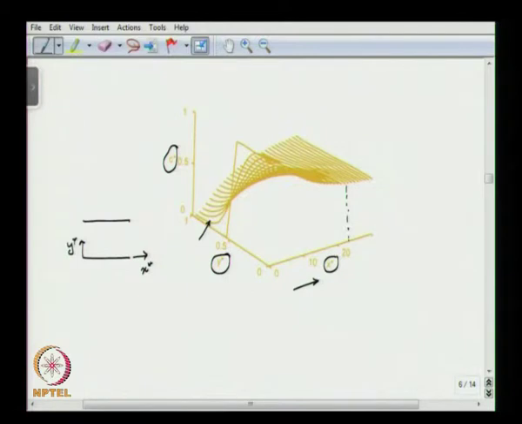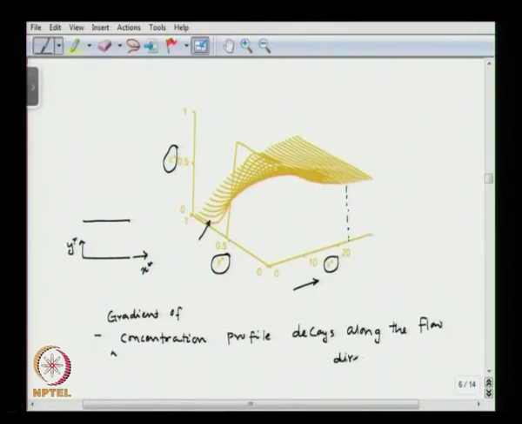So, the first observation is that the gradient of the concentration profile decays along the flow direction.